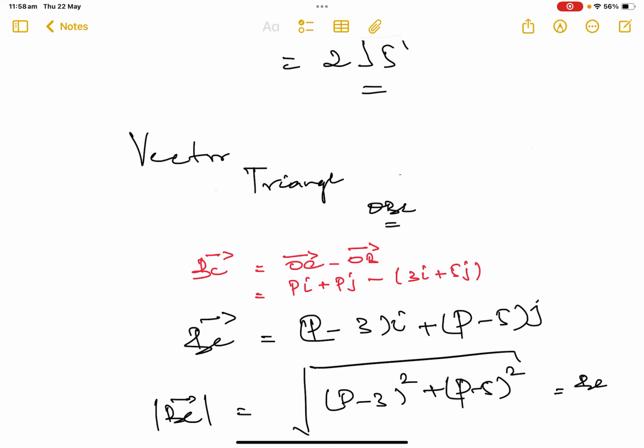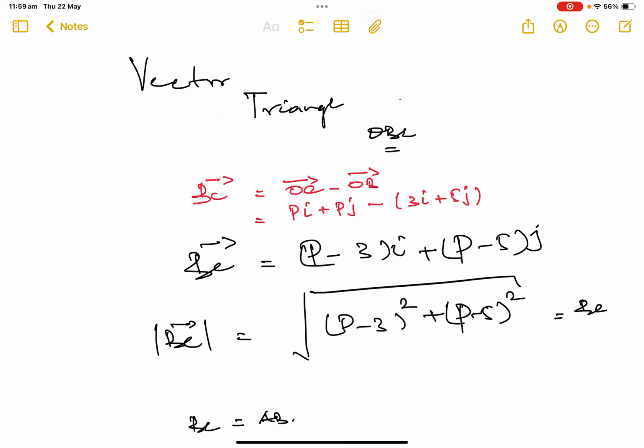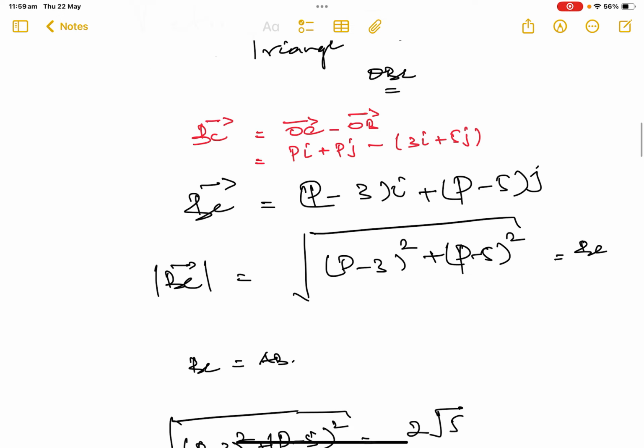As I said, the position vector of the second letter minus the position vector of the first letter. OC is given in p, so pi plus pj minus OB, already given as 3i plus 5j. That gives us BC equal to (p minus 3)i plus (p minus 5)j.